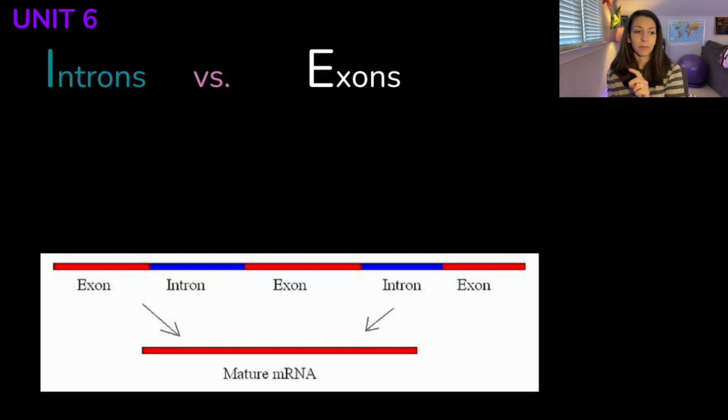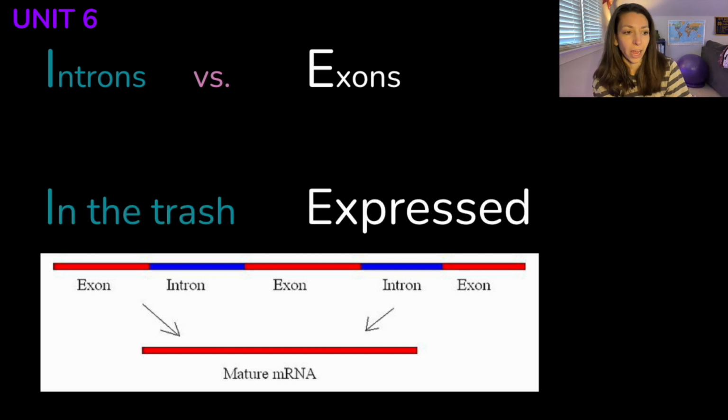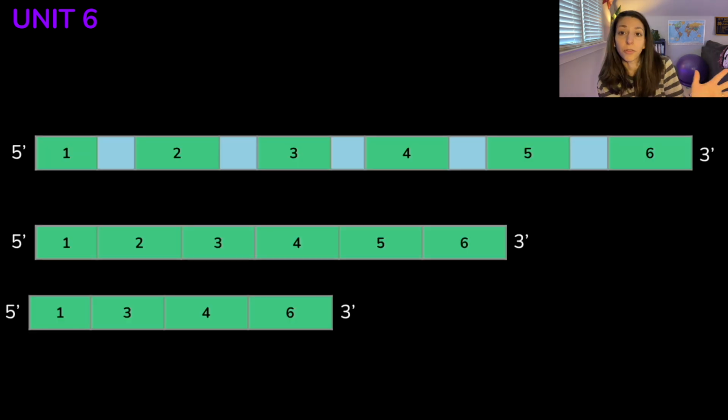One way to remember this is the mnemonic: introns go in the trash and exons are expressed. In the trash for introns, we cut those out; exons are expressed. But remember, we can express these alternatively, even though they're going to stay in the same order. So we're never going to flip sections 1 and 2, for example, but we could go 1, 3, 4, 5, or we could go 1, 2, 4, 6, depending on what's necessary for the protein.